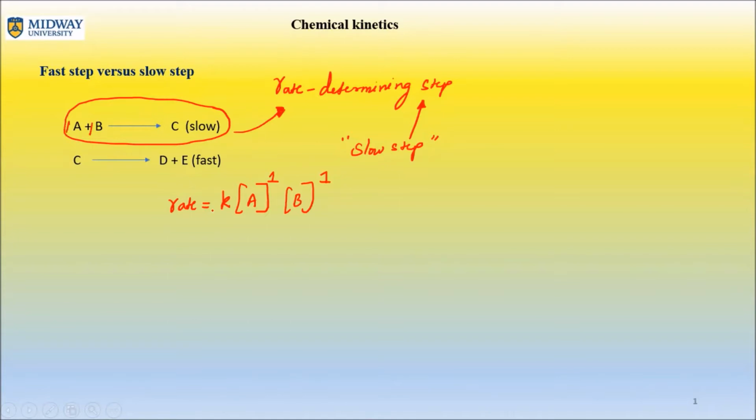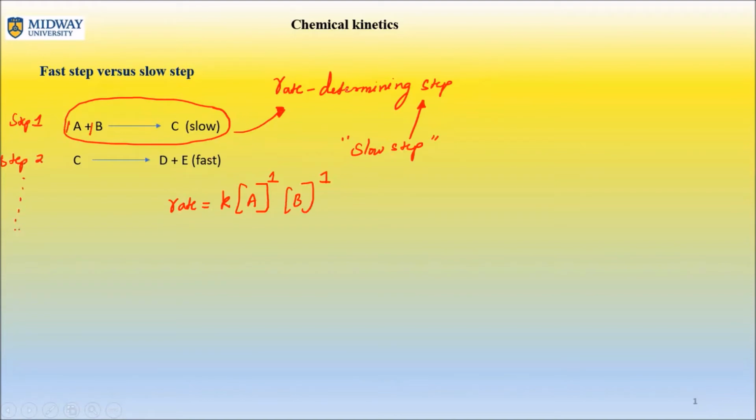So the common question is, what is the rate determining step in this sequence of reactions? Well, they could call it step 1, step 2, step 3, there could be so many steps.